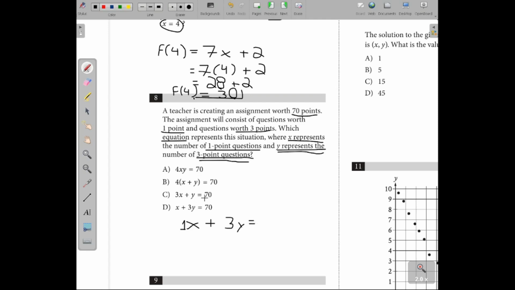And this has to be equal to 70 points. And that's our equation, which is answer D. This is the same as x plus 3 times y is equal to 70.